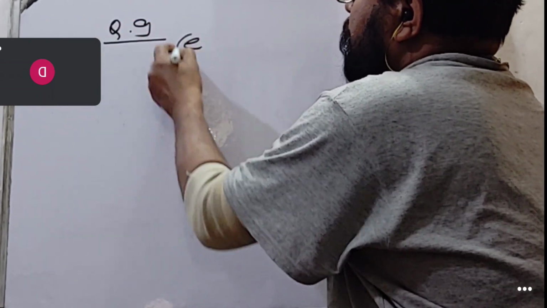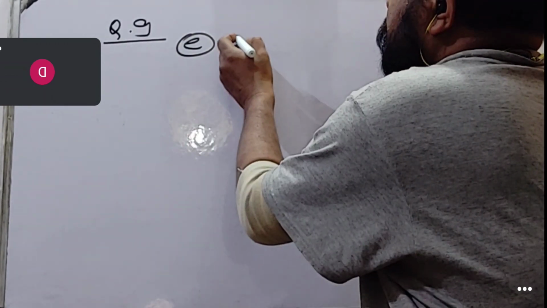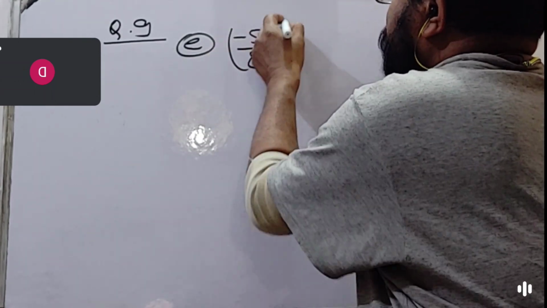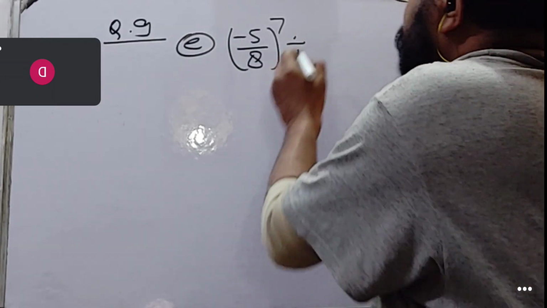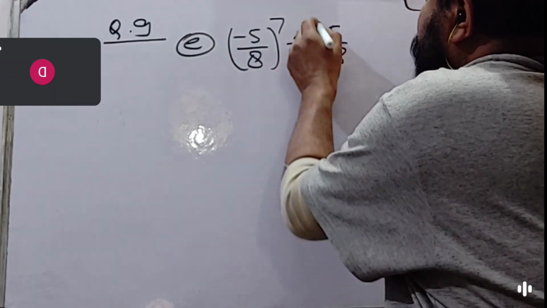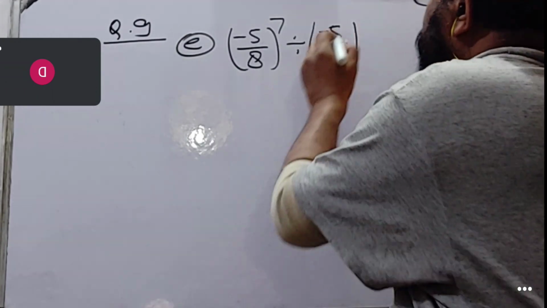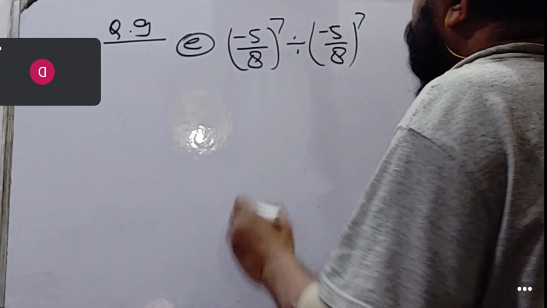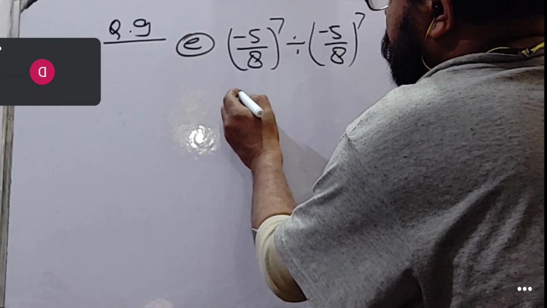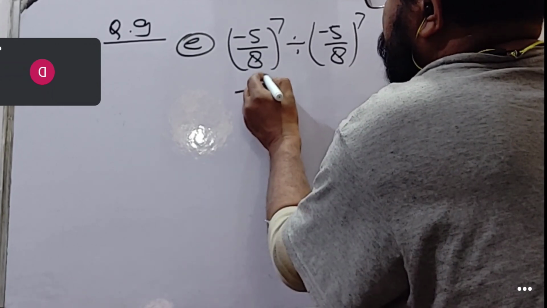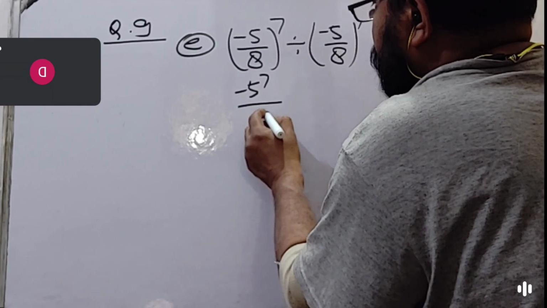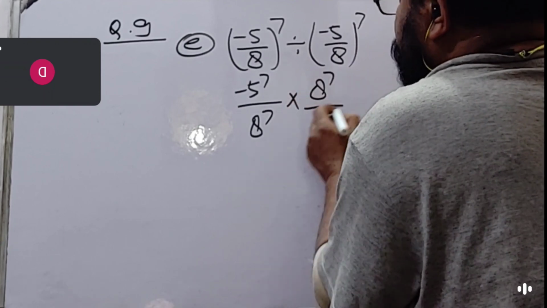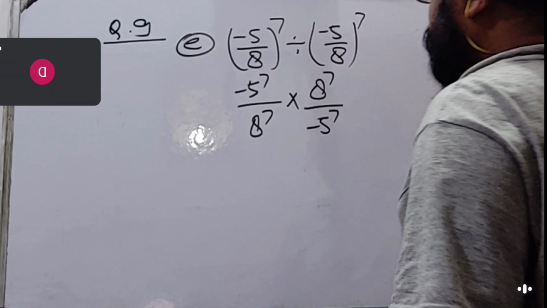Question number 9E. That is (-5/8)^7 divided by (-5/8)^7. So (-5)^7 upon 8^7 into 8^7 upon (-5)^7.